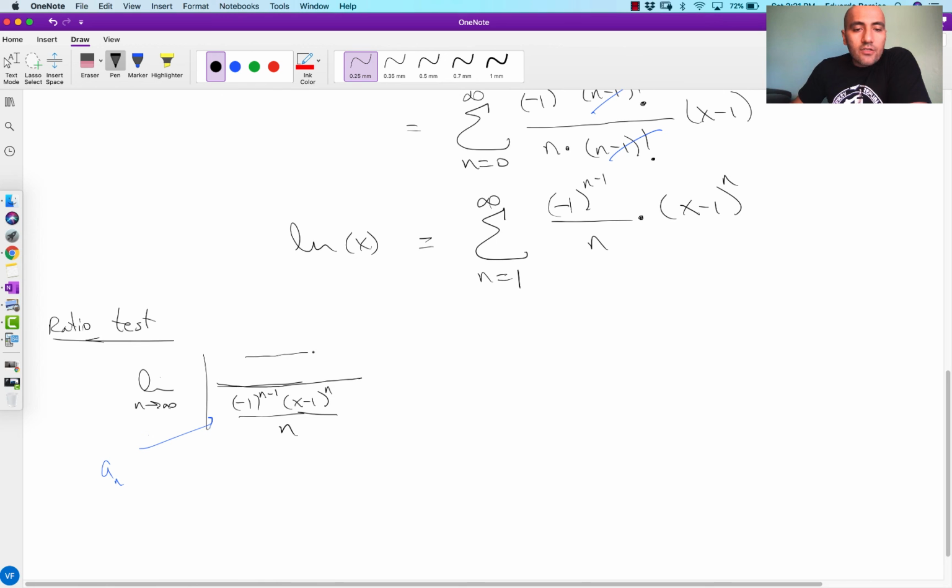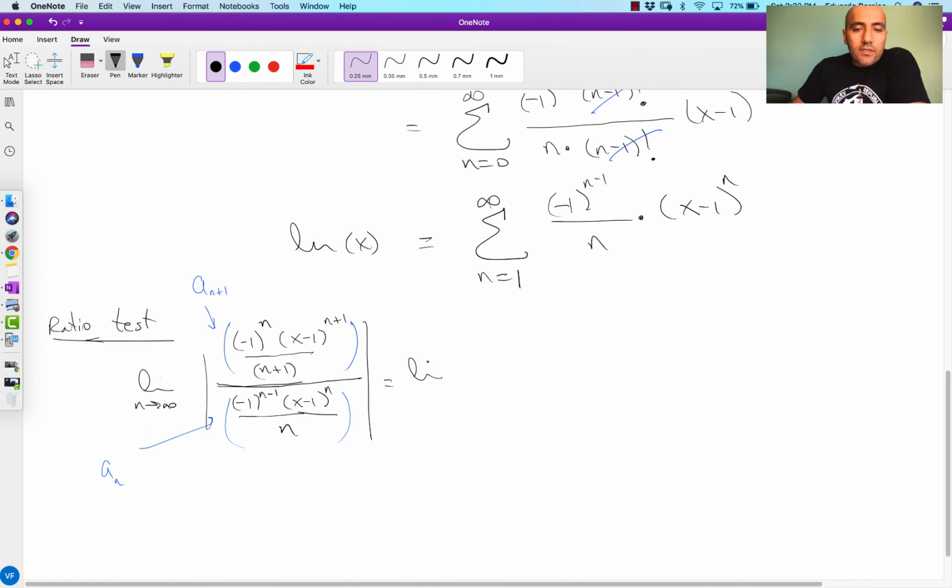So there's a little fraction up here. Its denominator is going to be n plus 1. And then negative 1 to the power of n minus 1 plus 1 just becomes n. If I raise this plus 1, I get n. And then I get (x minus 1) to the power of n plus 1. All of that in absolute values. So we have a little fraction in the numerator, that's my a sub n plus 1, and a little fraction in the denominator, which is this term here.